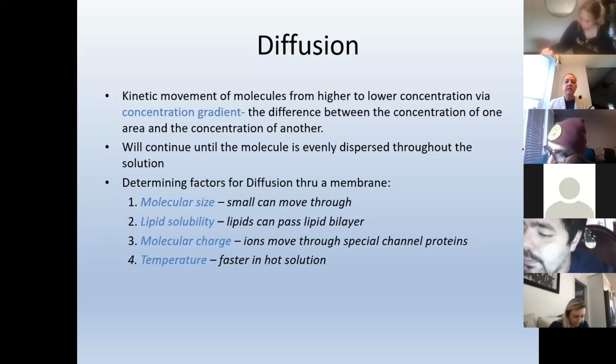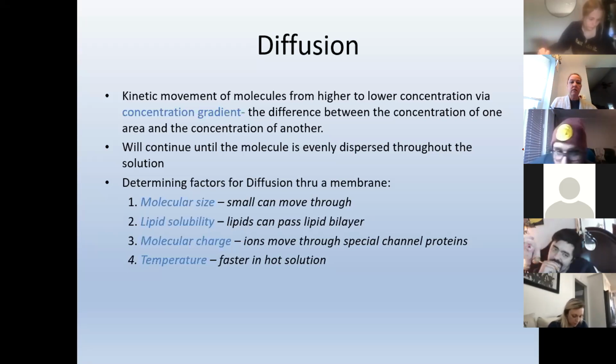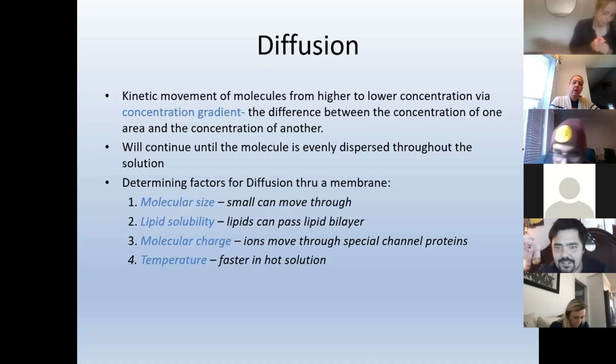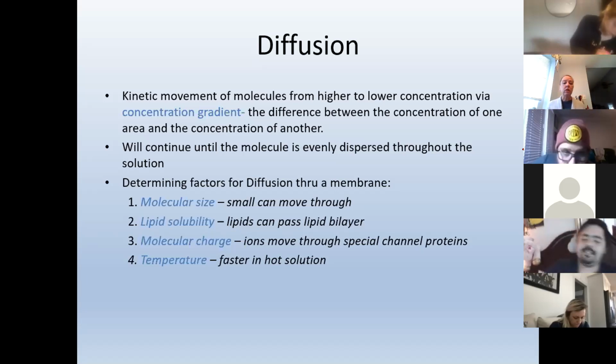So what are some things that can have an impact on this movement? Well, this is not rocket science. The size of the molecule. Small molecules are going to be much easier to move. Is the molecule able to pass through a fat layer, like the phospholipid bilayer? What kind of charge does it have? And temperature.